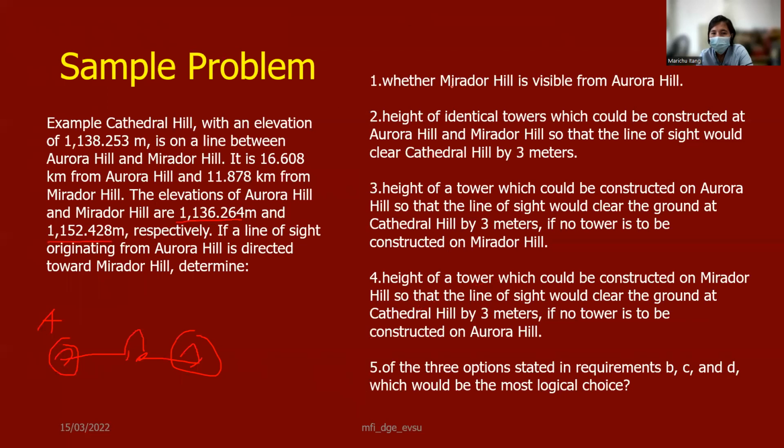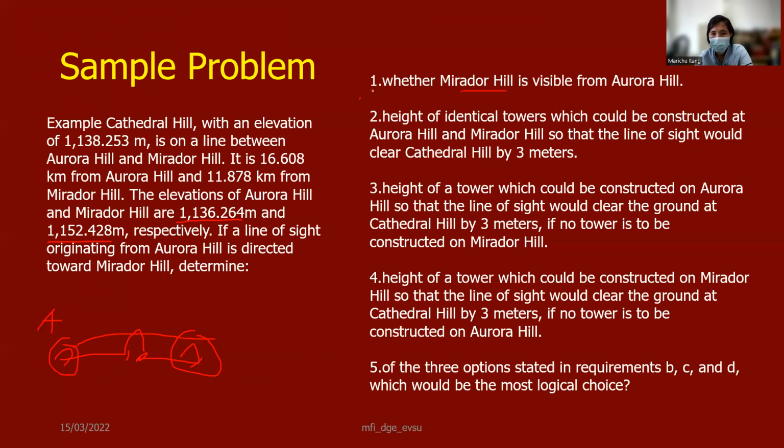So we are going to determine whether yung ating Mirador is nakikita ba siya from Aurora. So we are not yet quite sure kung nakikita siya or hindi. That's why we need to compute the value of H. Kung talagang walang obstruction or kung mayroong obstruction.